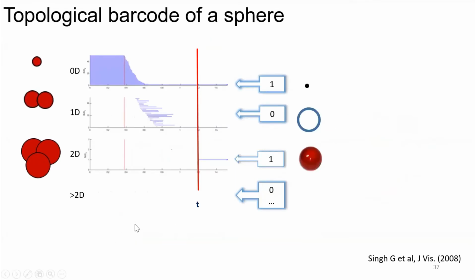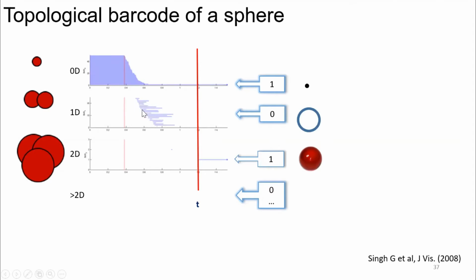I'm hoping that now you have this picture in your mind that when the size of the vicinity is increasing, what you have at the beginning, when vicinities are small, is a bunch of vertices. This is the list of zero-dimensional vertices. You have many of them. But when the vicinity grows, part of these vertices begin to disappear because they begin to produce links, and you start having loops.